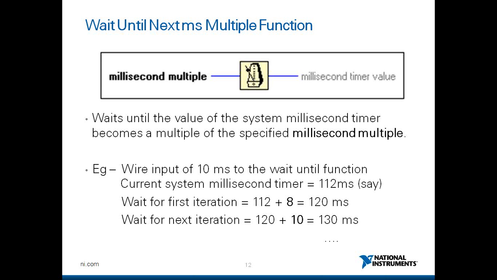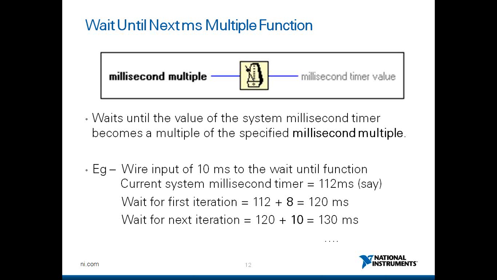So if my current system time is 112 milliseconds, it will simply wait for 8 milliseconds during the first iteration, thereby making it 120 milliseconds. Once it has made it 120 milliseconds, now it has synchronized the time with my system time. So from now on, it will simply add a 10 each time, so you know for sure that this particular loop is executing at multiples of 10 with respect to my system time.